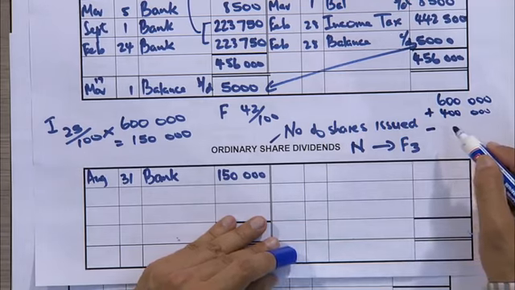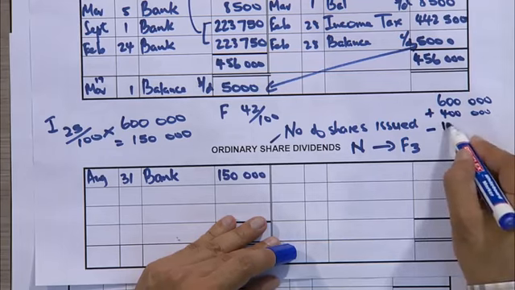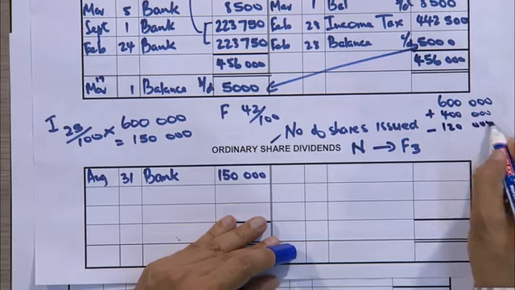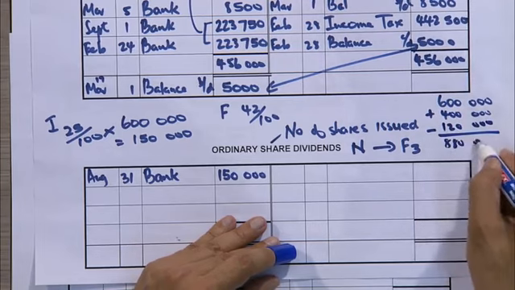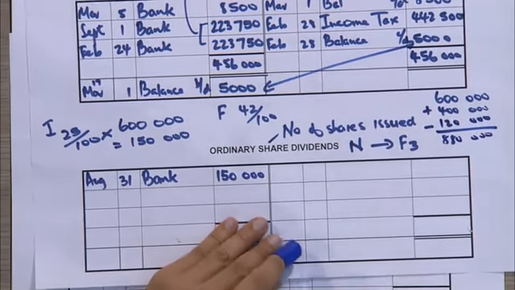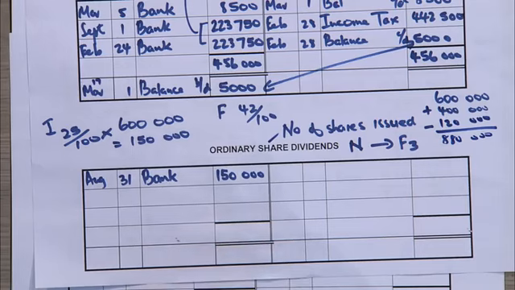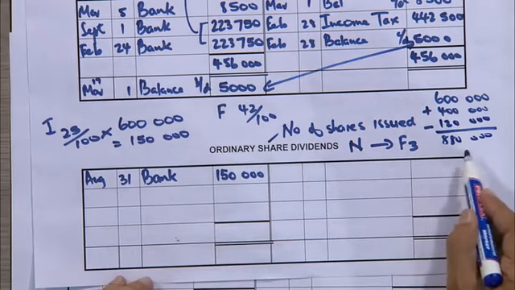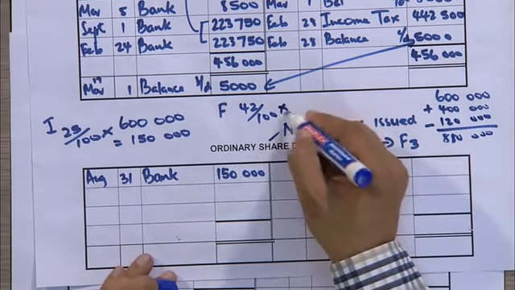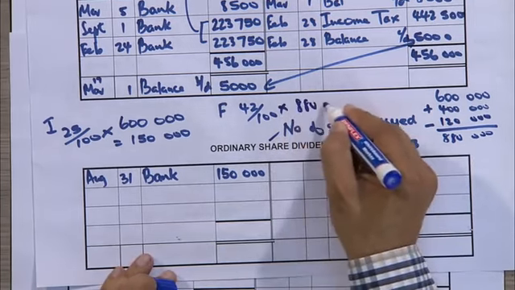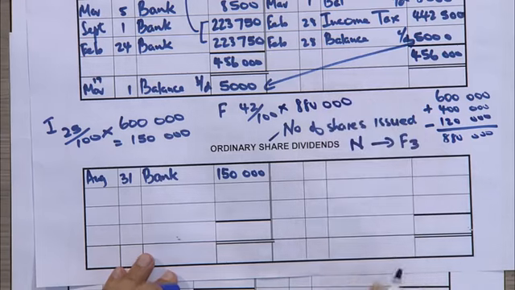Yes, it says that they're repurchasing 120,000. So now they have 880,000 shares. Right, so now it says only the shareholders on the record, which means 880,000 times 42 cents. Only they will get dividends.